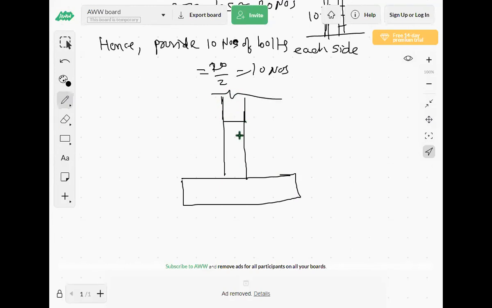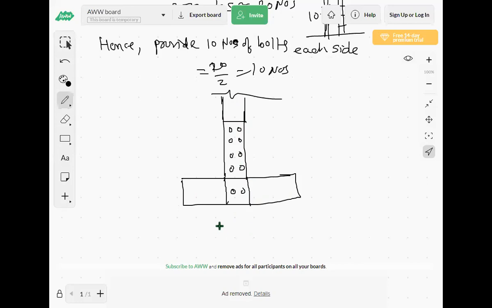So this is your gusset plate, right? So this is your horizontal plane, this is the vertical plane. So now 10 bolts are there, so you can use 1, 2, 6, 8 here and 2 here. So like this you can use.